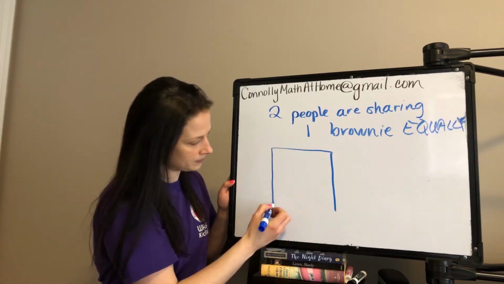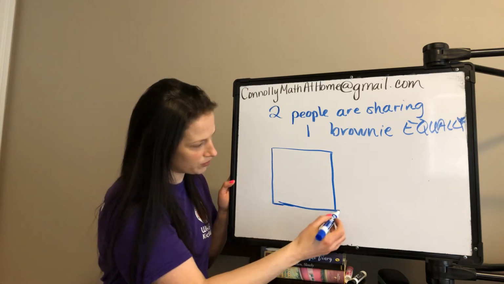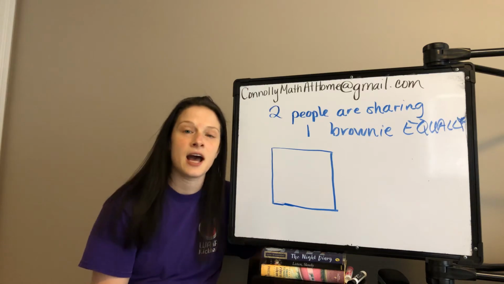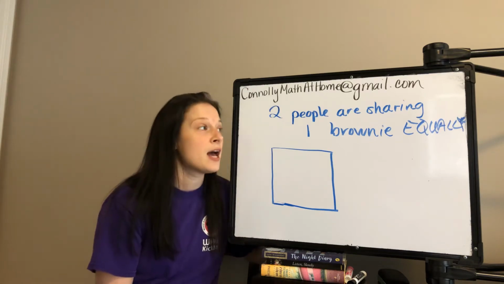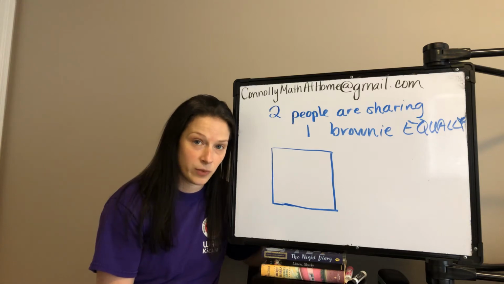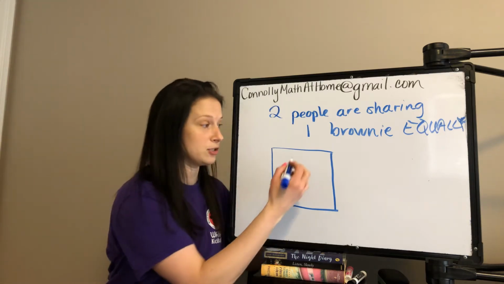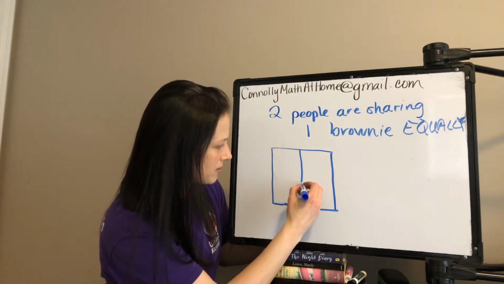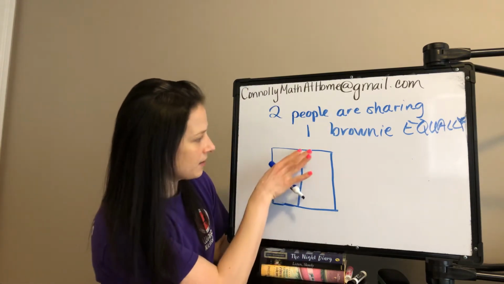Okay, the brownie can be shown with a rectangle, and I want you thinking about how we would split this so that both people could share it equally. Okay, one way that we can do that is if we split this right down the middle. That is not perfect, okay?